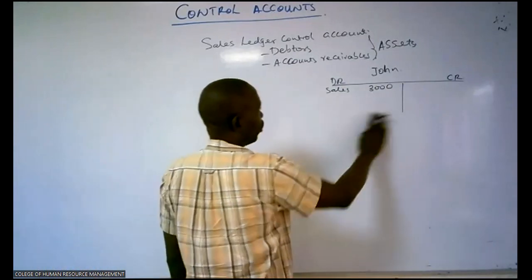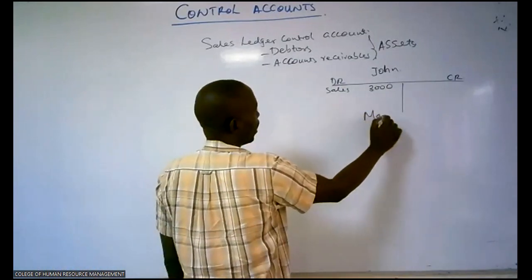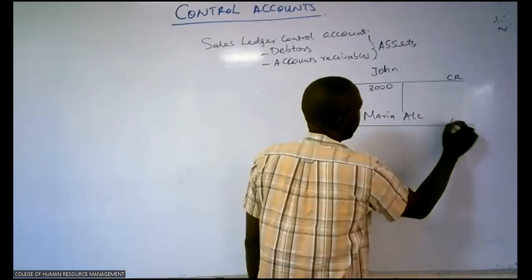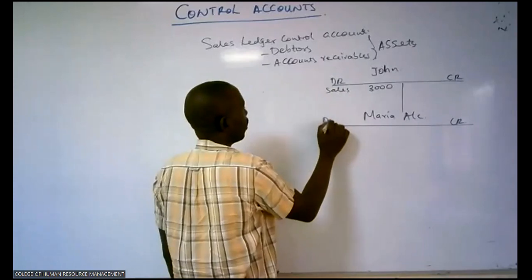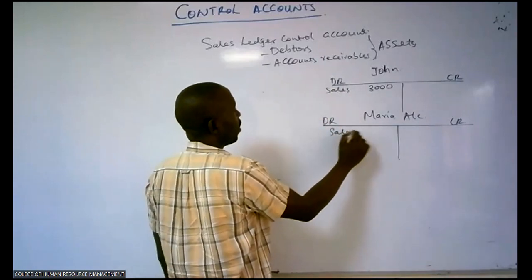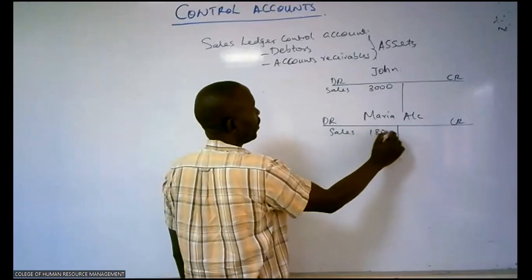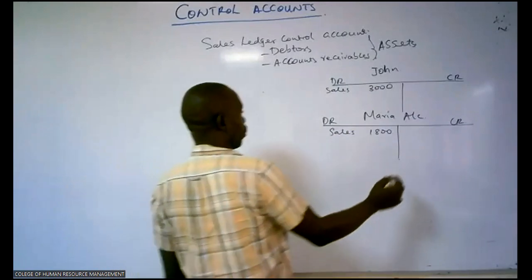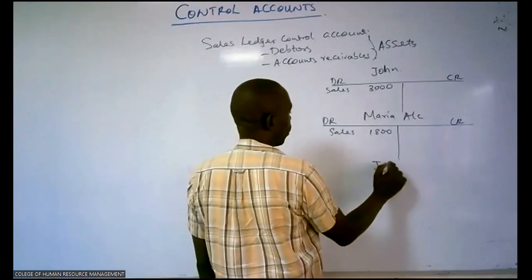At another date, we sold goods to Maria. So we shall open Maria's account and debit Maria with what? Sales. Maybe we sold goods worth 1,800 to Maria. On a different date, we sold goods maybe to Jacob.